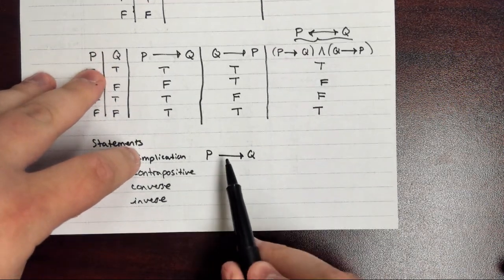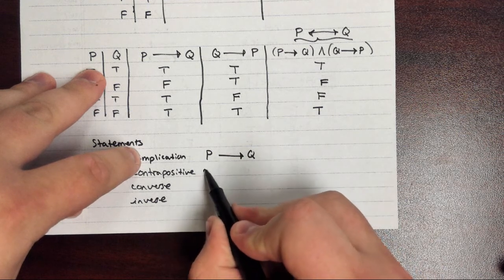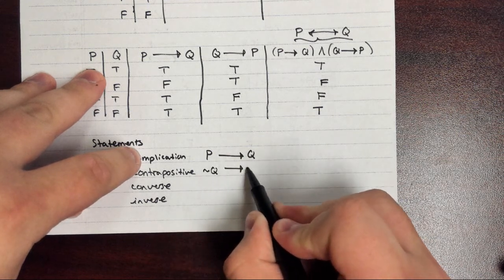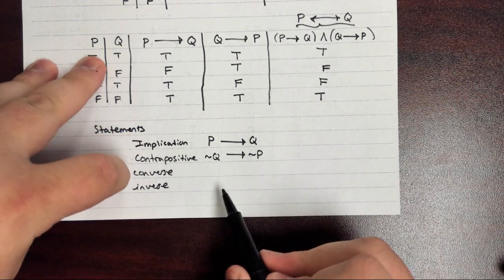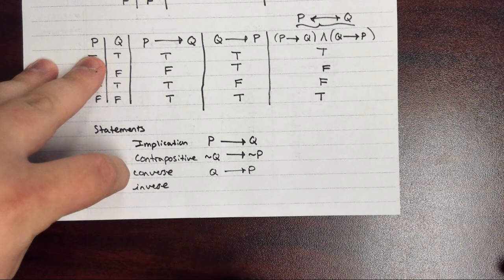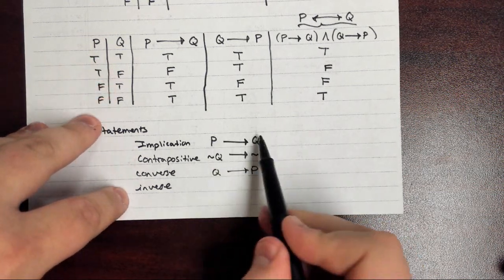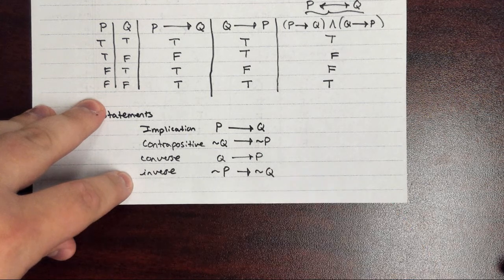For a contrapositive, you switch the sides and negate both. So the contrapositive is not Q implies not P. The converse, you just switch the sides. That would be Q implies P. And the inverse, you just negate. So not P implies not Q.